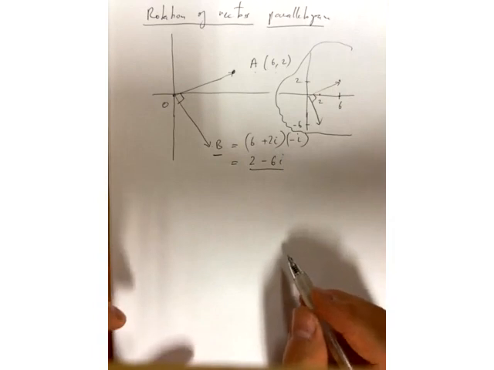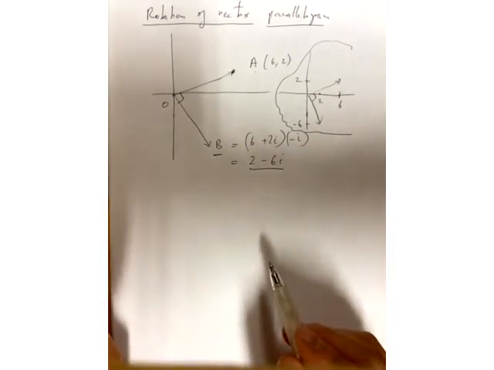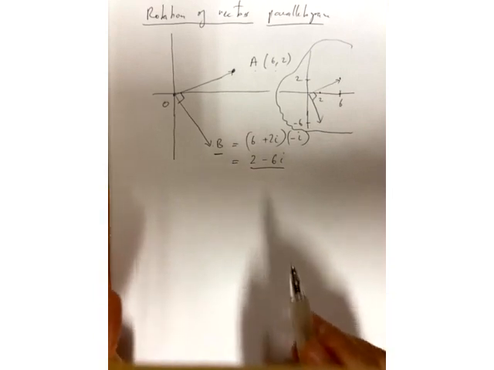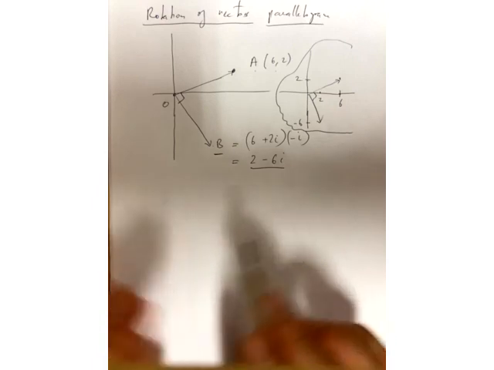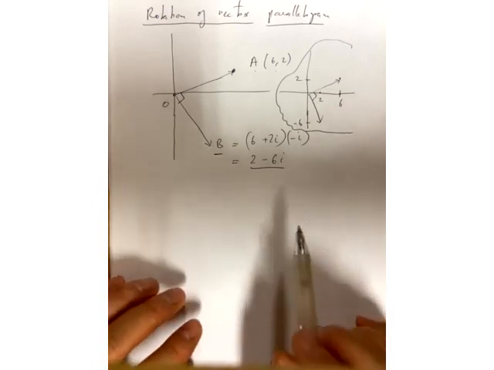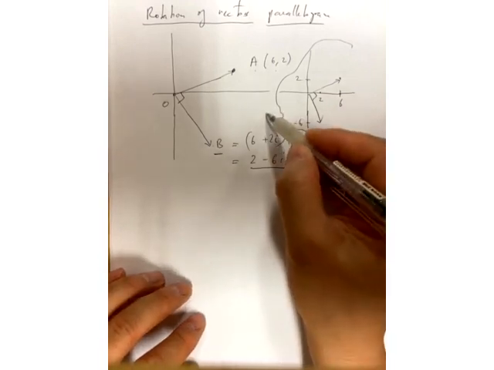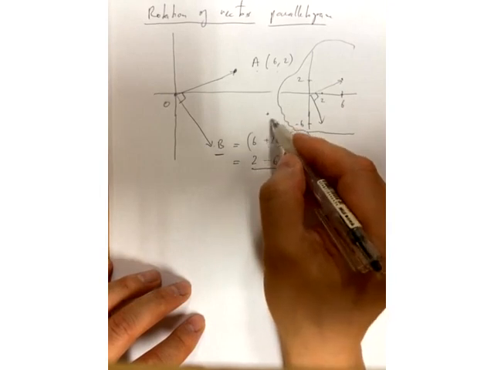Now, the first question is find B. The second question is find the point C such that OACB forms a square. So C, you can see, is over here somewhere. So how do you find the point C?